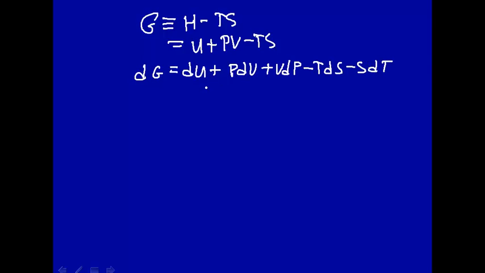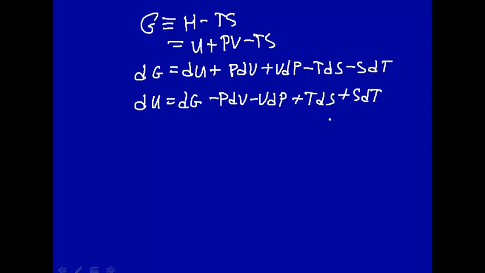And we're going to do the exact same thing we did for the other cases. We're going to solve this for dU. dU is dG minus PdV minus VdP plus TdS plus SdT. And we're saying from the combined first and second laws that this is less than TdS minus PdV.